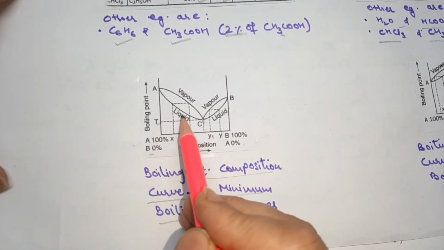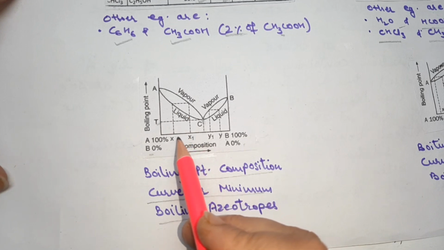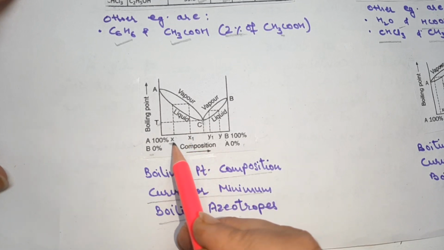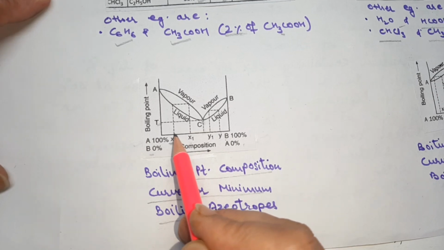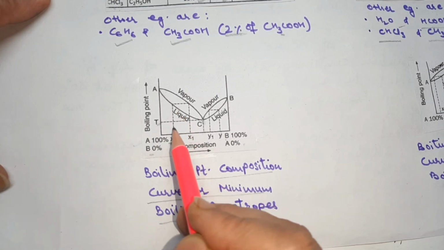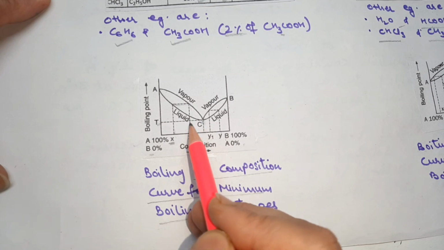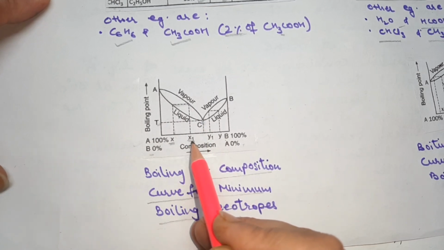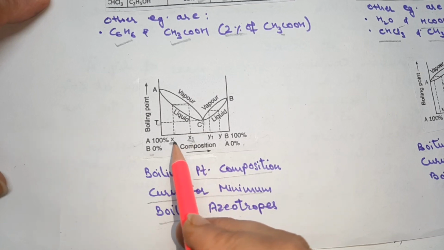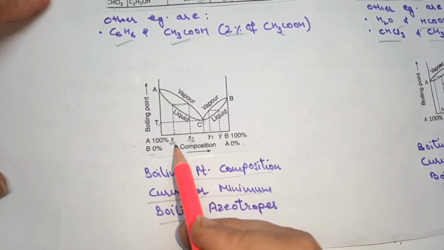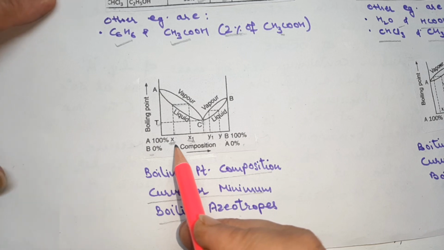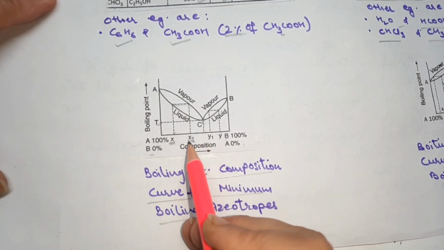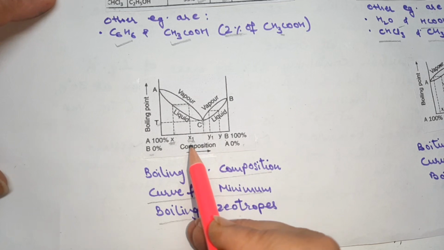Suppose now this side, if we consider the distillation of the mixture of composition X, the vapors given off at this X composition, so if we touch the vapor curve, it will be X1. So this will be the composition of the vapors, that is X1, and with the distillation of this composition mixture, vapors given off will be having the composition X1.